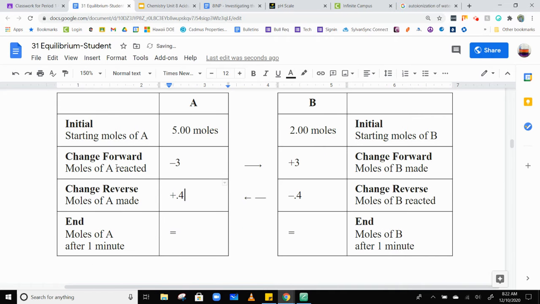So the forward reaction is causing A to go to B, but the backward reaction is causing B to go to A. And then if we add these up, we'll get the resultant. So 5 minus 3 is 2, plus 0.4 is 2.4. This one is 2 plus 3 is 5, minus 0.4 is 4.6. So after a minute, those are the amounts of A and B.